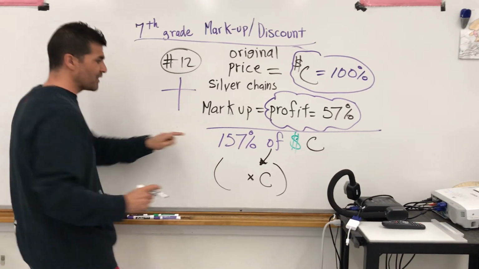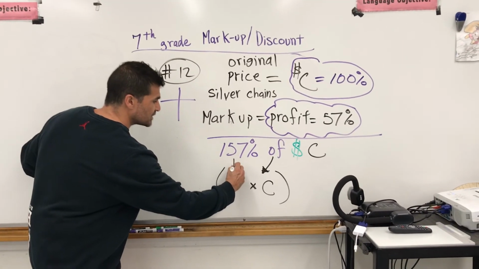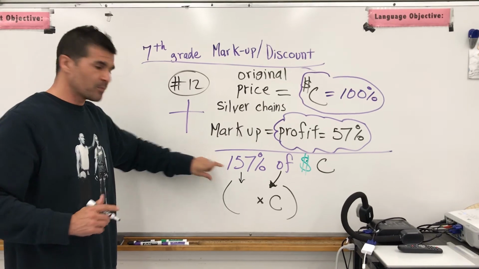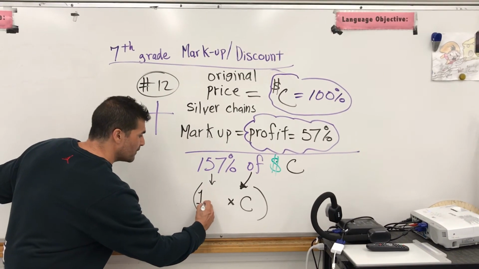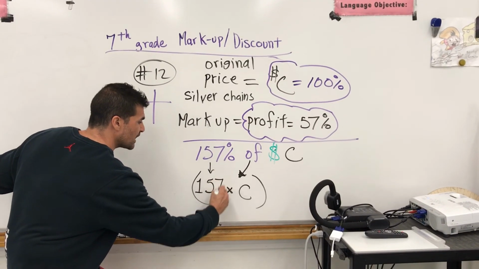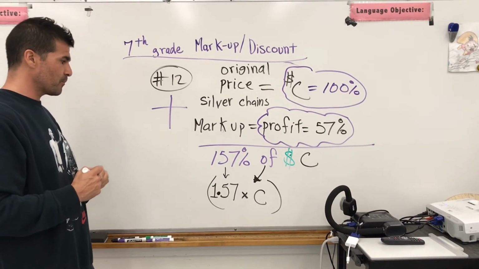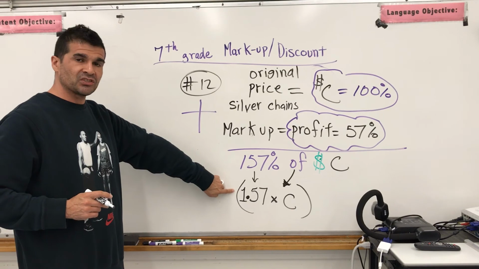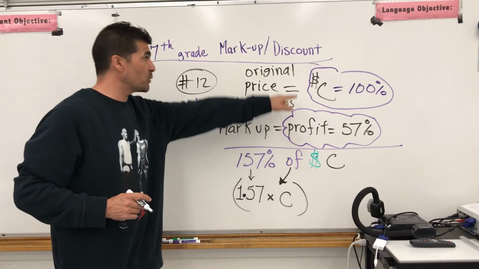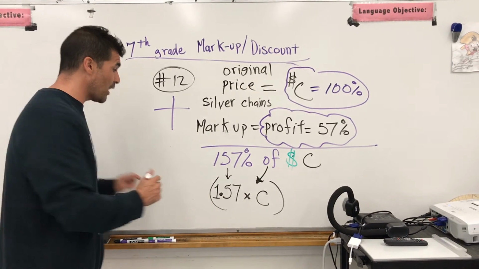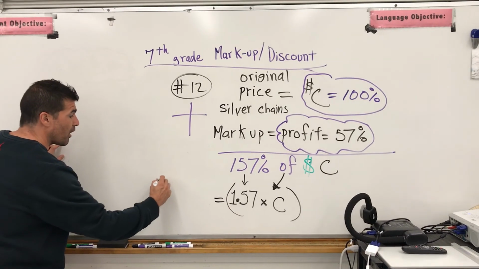We're going to use the decimal equivalent. You should know that this is 1.57, and that's a decimal point right there. This would be the expression, and all I need to know is what the original price is, and now this will give me the new cost.